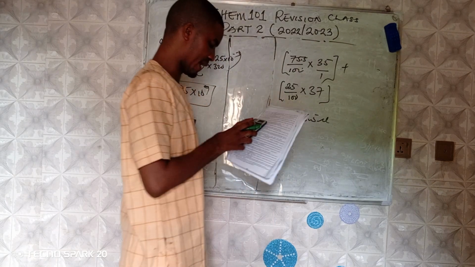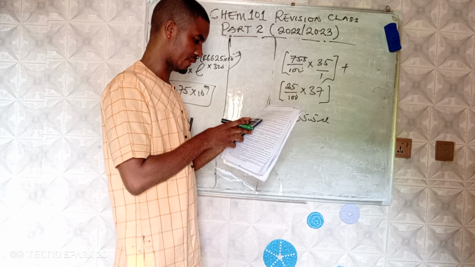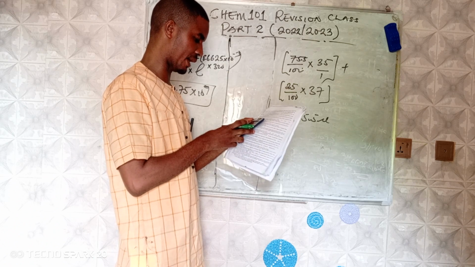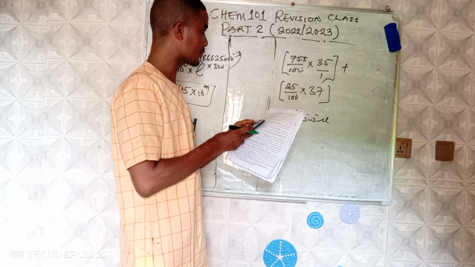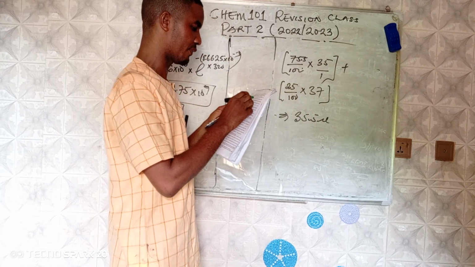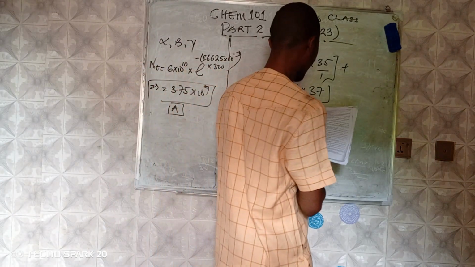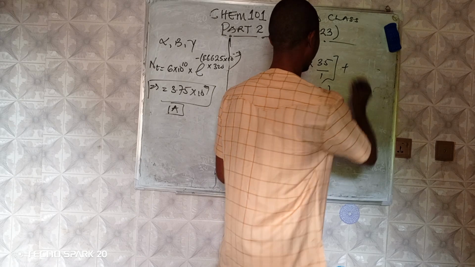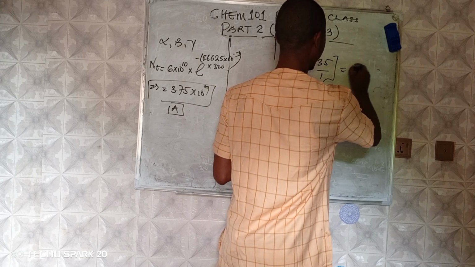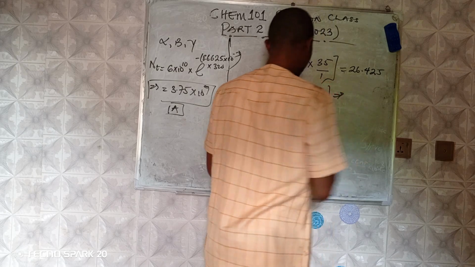We have 75.5 divided by 100, then times 35, because that is for chlorine 35, and that gives us 26.425. What of this one?